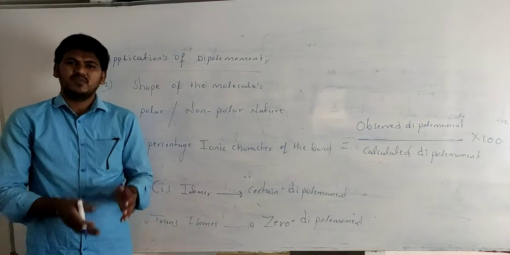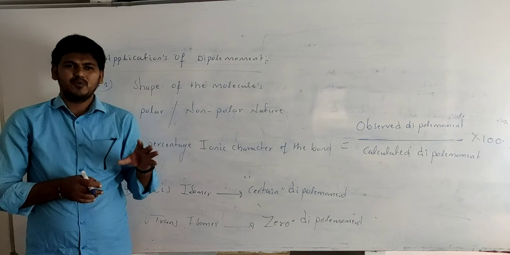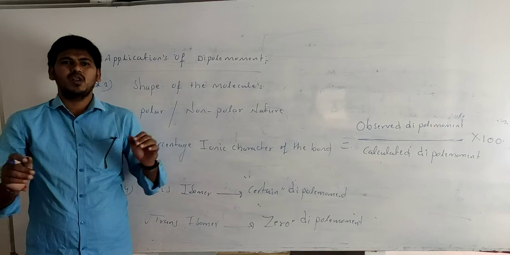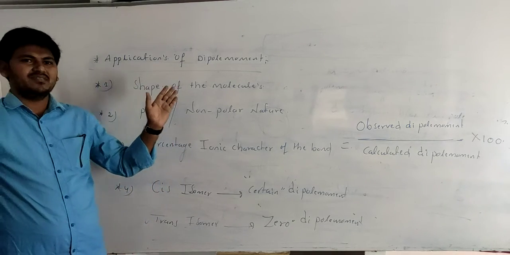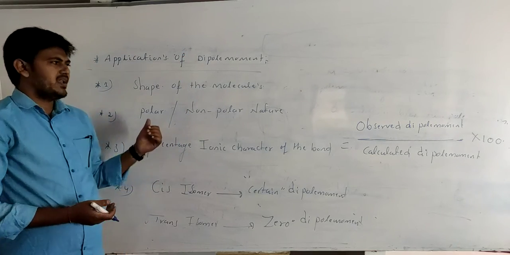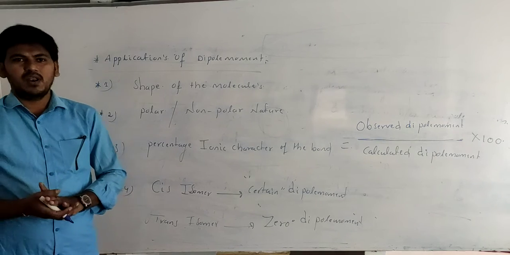Okay. So first of all, what is meant by dipole moment? The product of the net positive charge and net negative charge, and the distance between two poles in a polar bond is called dipole moment. Next, symmetrical molecules have zero dipole moment, so they are non-polar molecules. Unsymmetrical molecules have a certain dipole moment, so they are polar molecules.